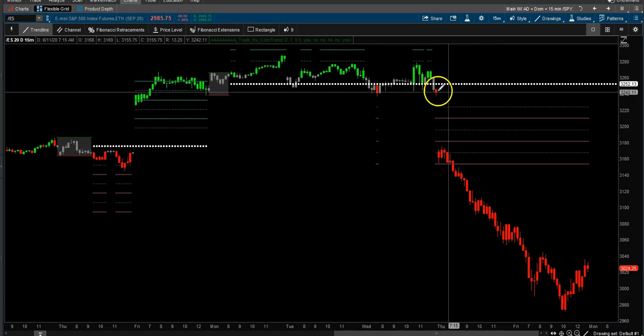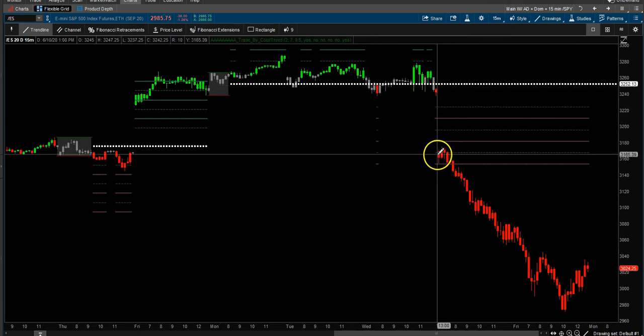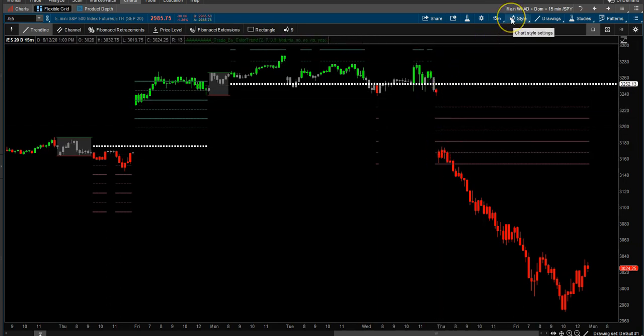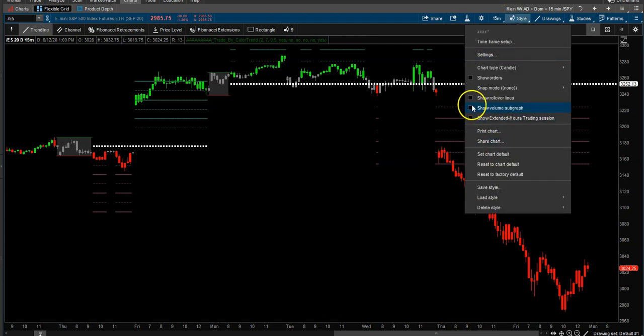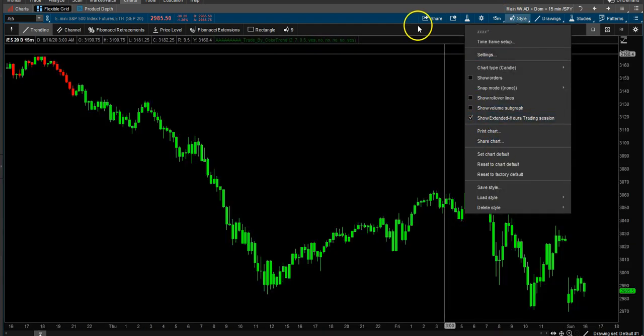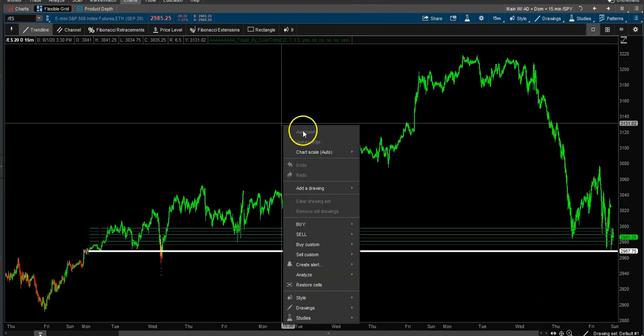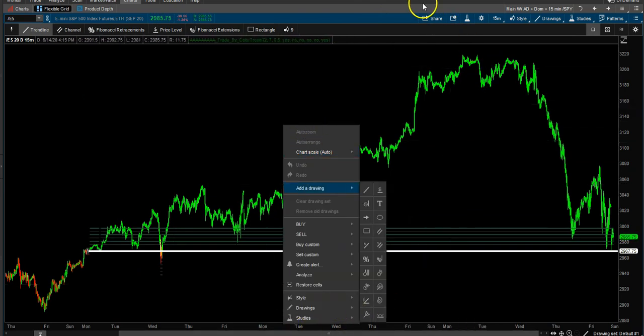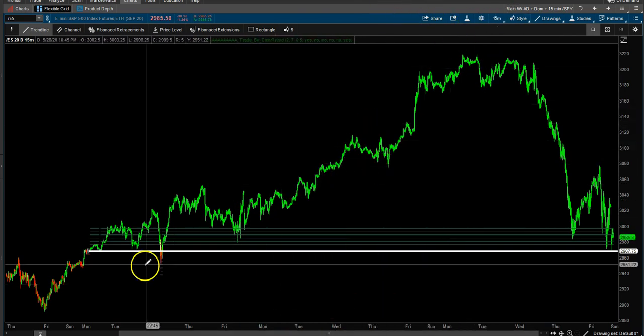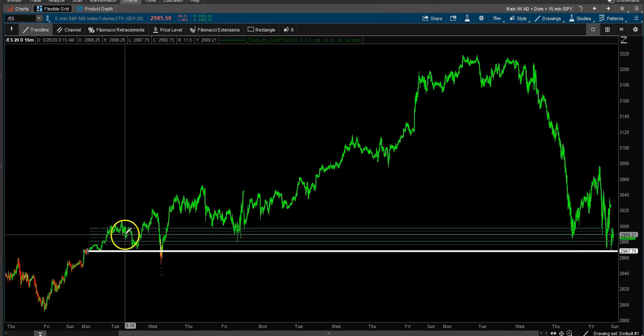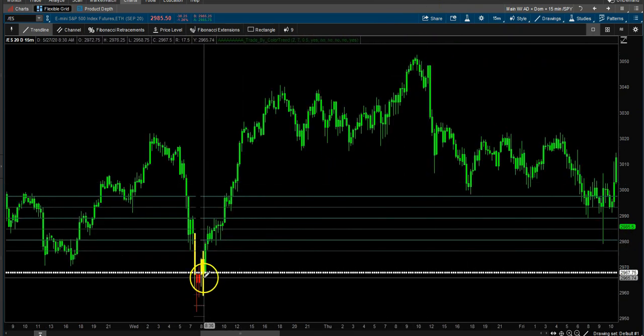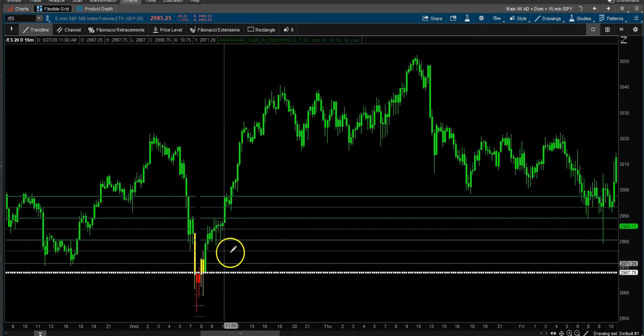Again, it goes red, and then we have the gap lower. And I believe this is just the regular trading hours. So if we go to extended trading hours, you could see different things too, where it stayed green the whole entire day and then had a little bit of red here.